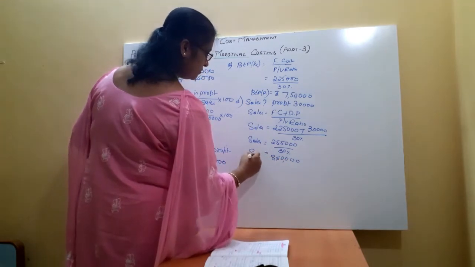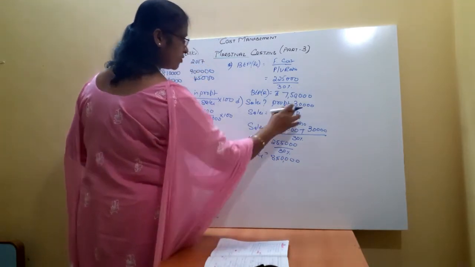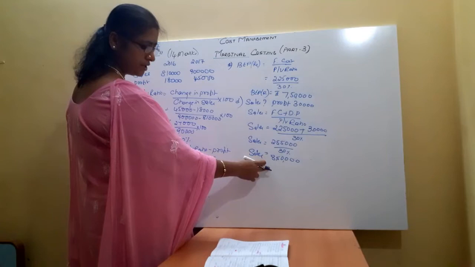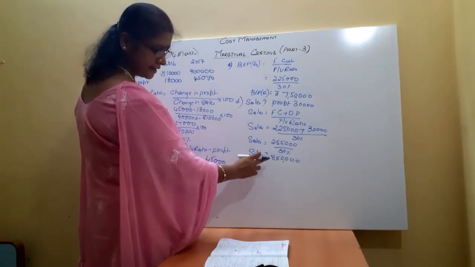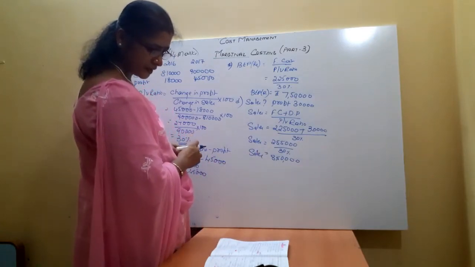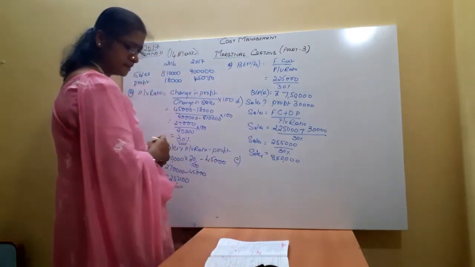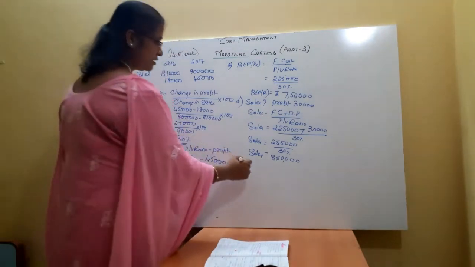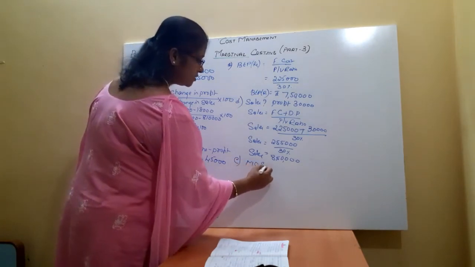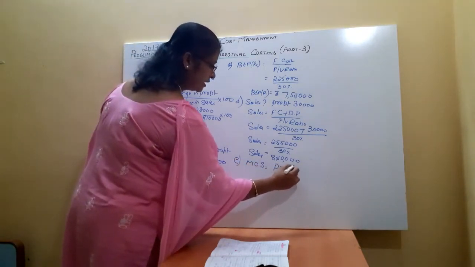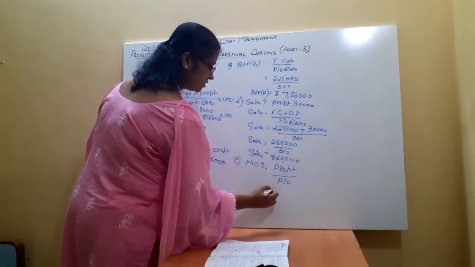So the meaning here is, if you have to earn a profit of 30,000, you need to make a sales of 8,50,000.